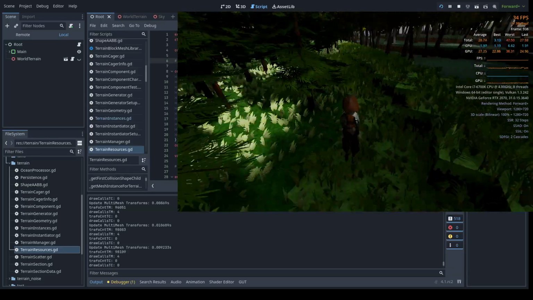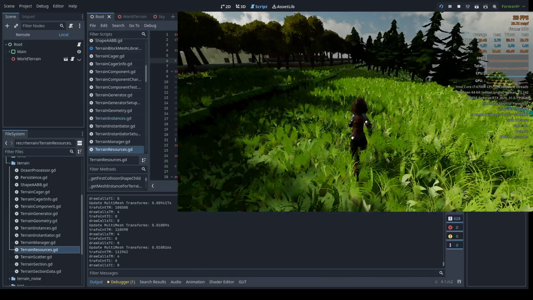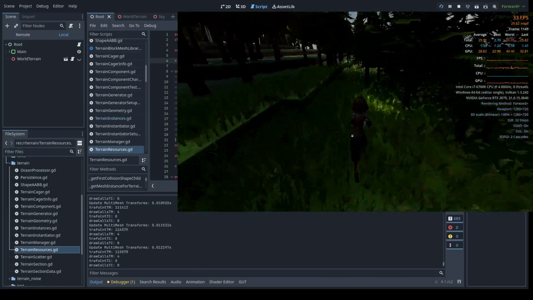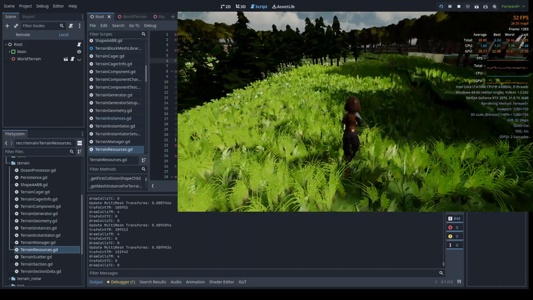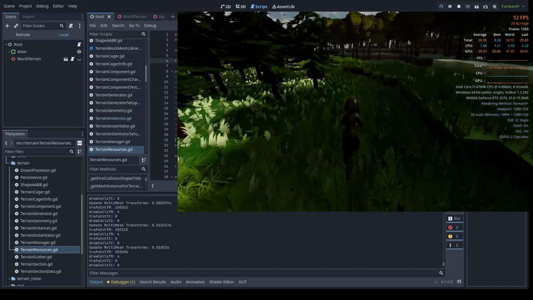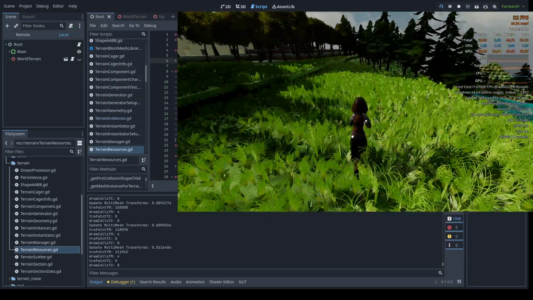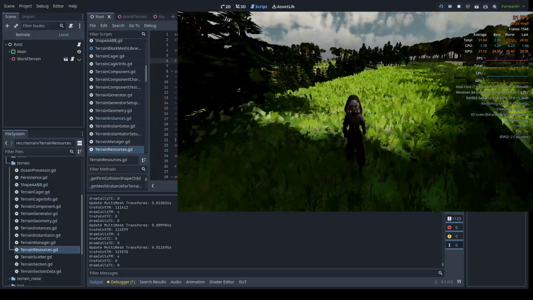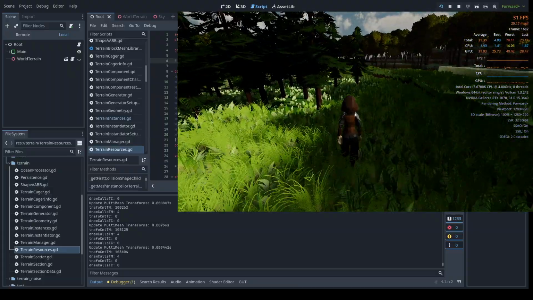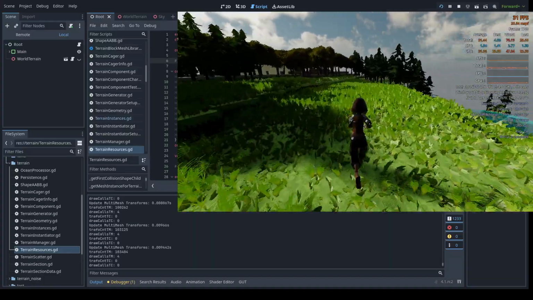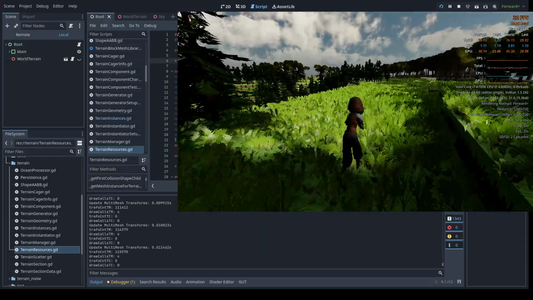Because if I run here now, you see that it's fluent. I don't have some stuttering or something like that. It's not that performant, okay, but the stuttering is gone, and that is what I realized from version 4.0 to 4.1. They improved updating those GridMap things, and that's very cool.